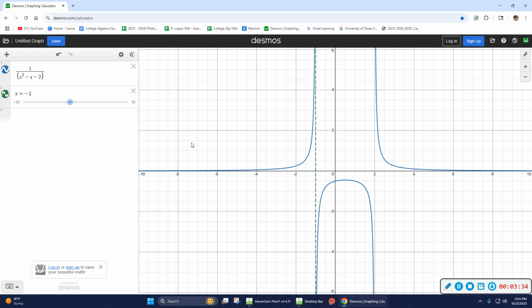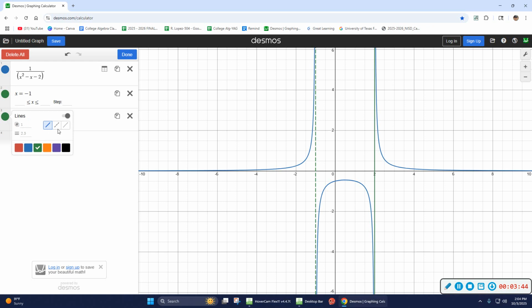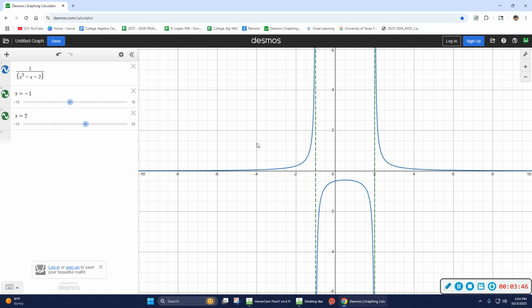Notice how that also happens at x equals 2. We'll change this also so we can look at it. Notice that when x is equal to negative 1 and when x equals positive 2, there is no output in the function, meaning that negative 1 and positive 2 are not part of the domain.